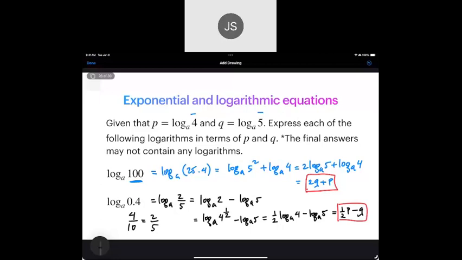Sorry for interrupting, but what is the quiz? Quiz is, let me write here. Quiz: polynomial, and exponent and log.